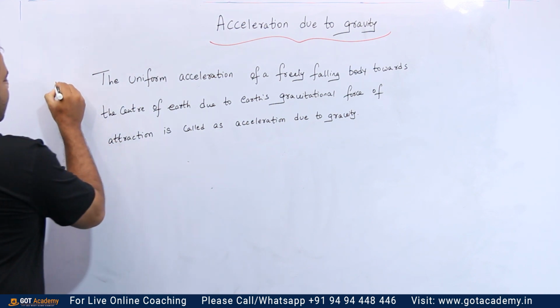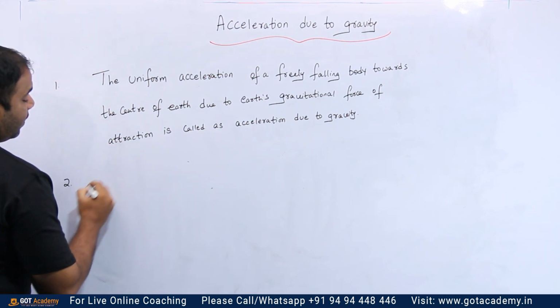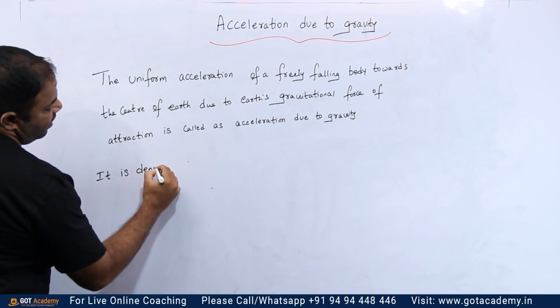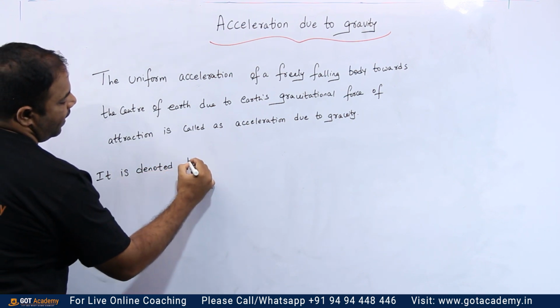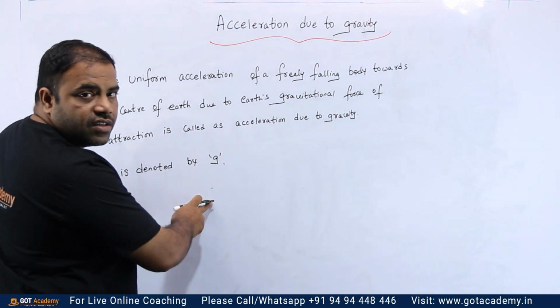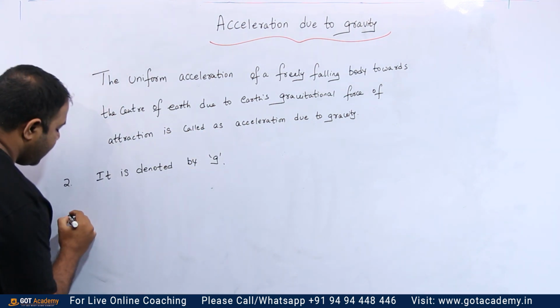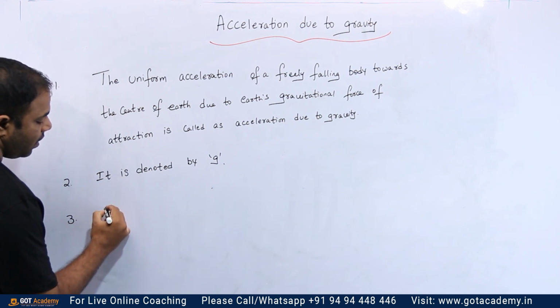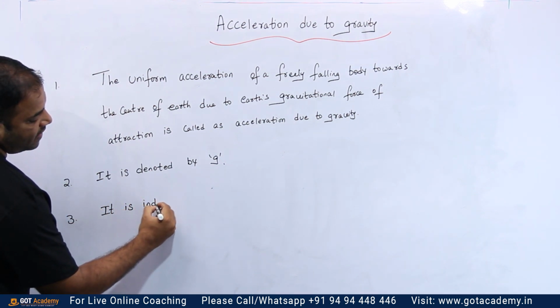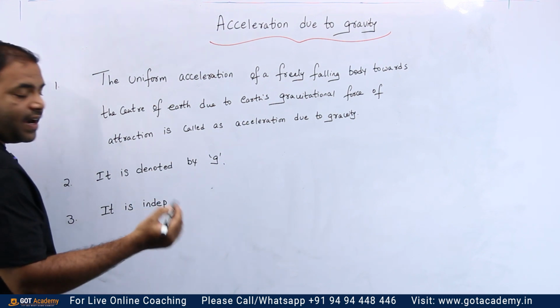This acceleration due to gravity symbol is denoted by small g. So this is the symbol of acceleration due to gravity. Next, it is independent. What does independent mean? Not depending.